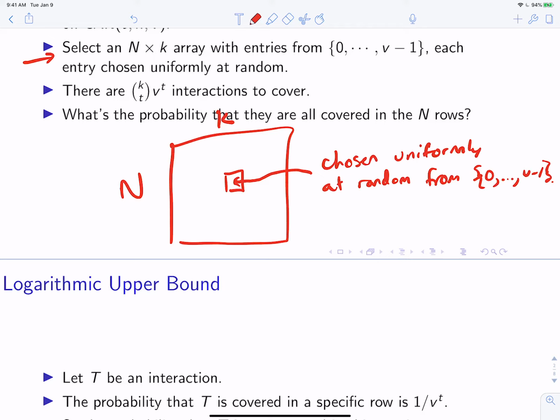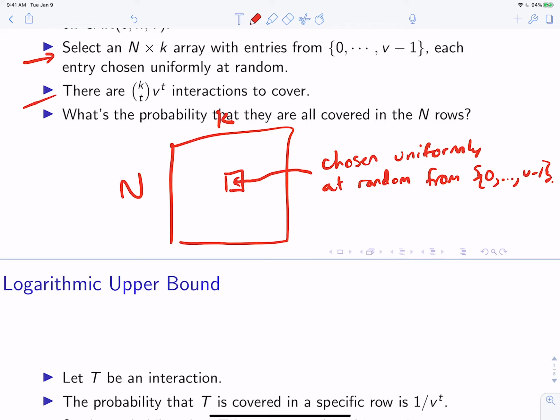Here, everything is completely uniform. So I choose 0 with 1 over v probability, choose 1 with 1 over v probability, etc. Any questions on that? So there's no thought. I'm not trying to be clever about this. It's just completely random.